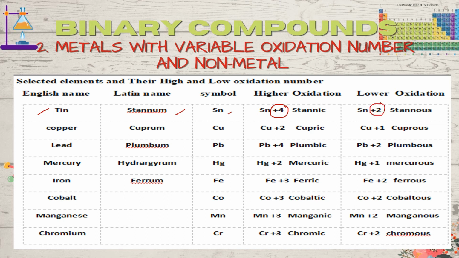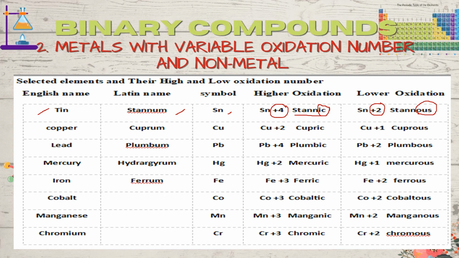If you're going to use the Latin word, the higher oxidation number is named stannic. So you use again the IC ending for higher oxidation number, since positive 4 is higher than positive 2. So you use OUS for lower oxidation number.